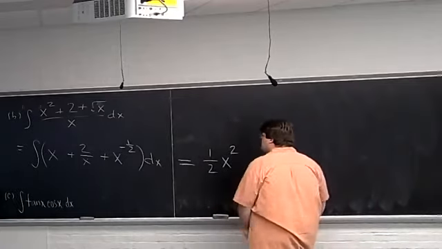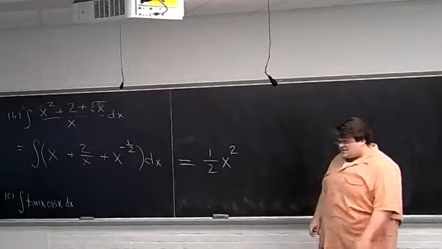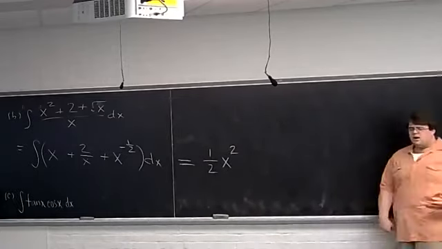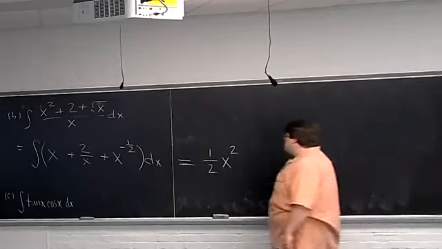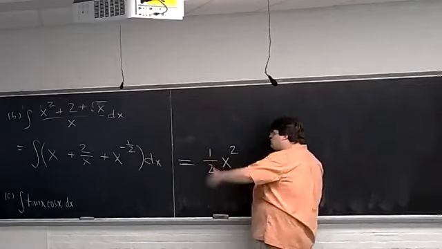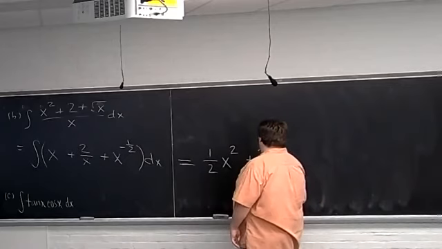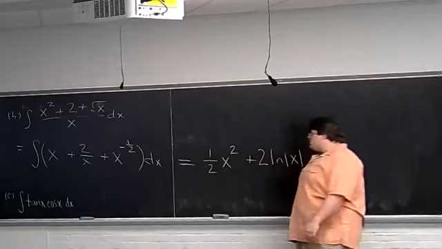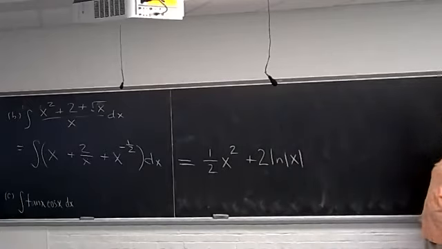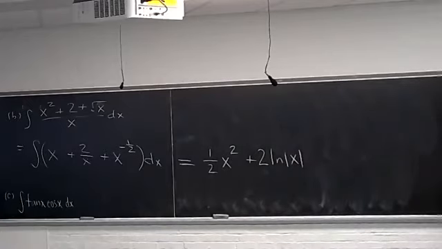What can we do for that middle piece? Well, we have x to the negative first. The power rule doesn't apply to x to the negative first. But we have that convenient third rule in our list of integrals, which tells us that the derivative of the logarithm of absolute value of x is always 1 over x on its domain.